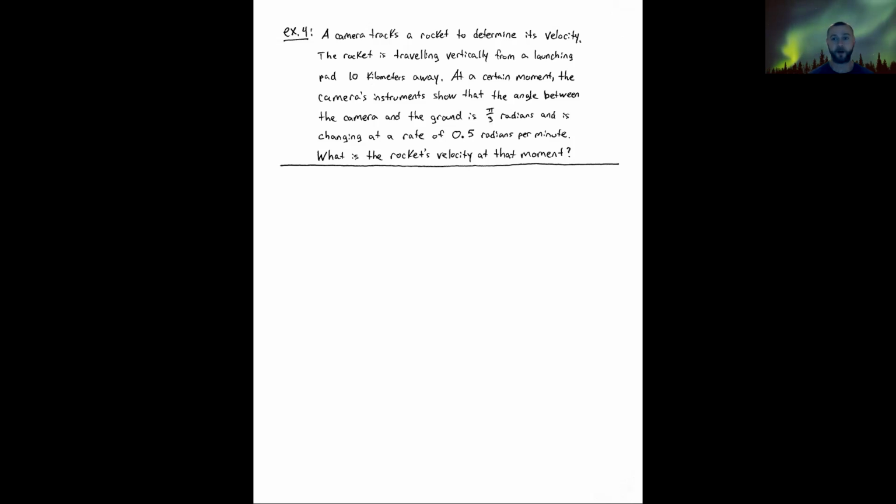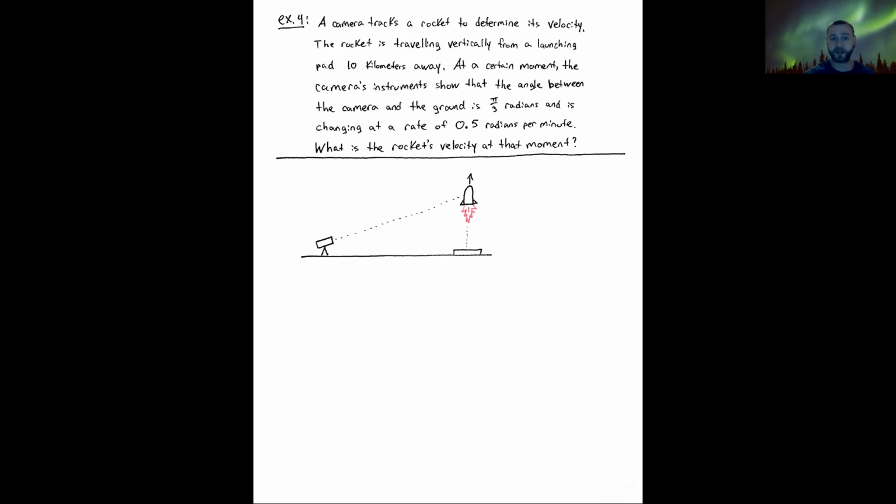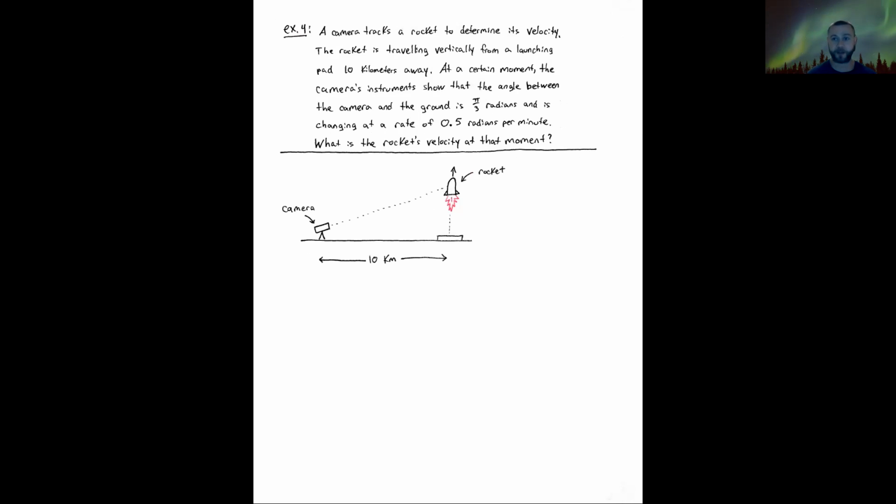Welcome back. Hopefully you're enjoying the Aurora Borealis behind me. All right, hopefully you have had some time to digest the problem and understand it. So if we start with our basic sketch, we have a rocket traveling up and a camera that's tracking that as it ascends. Just in case you're not sure there, I labeled them.